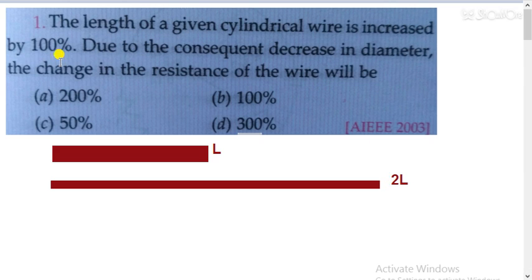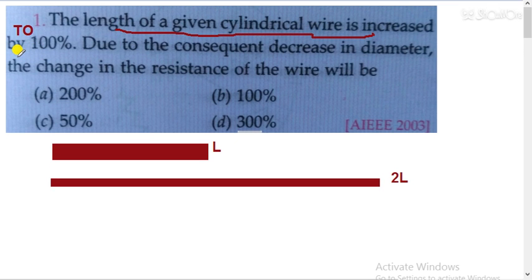If he says the length of the given wire is increased to 200%, then that is the value. Let me explain one more thing. If he says the length of the given cylindrical wire is increased to 400%, the new length will be 400% of the earlier, so that means 4 times L. But if he uses the word "by", increased by, that means a change is given.